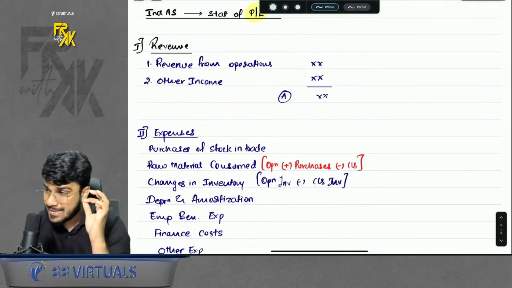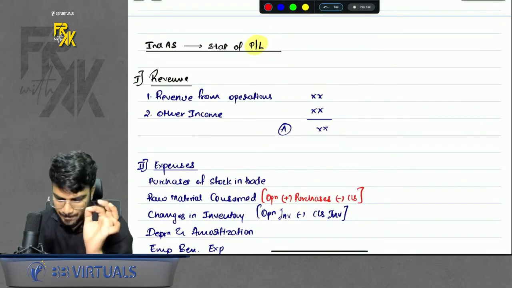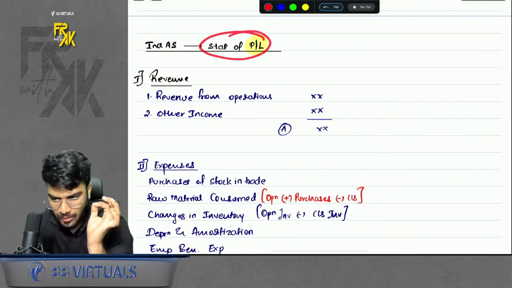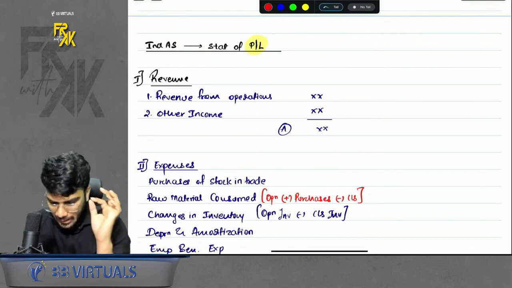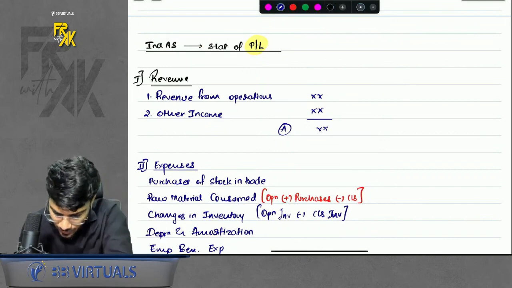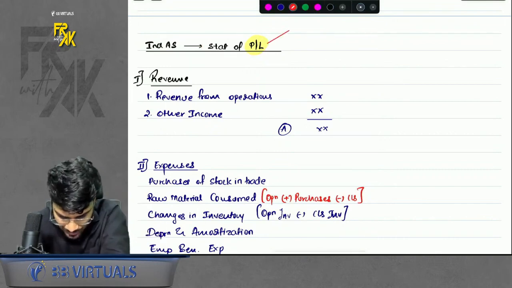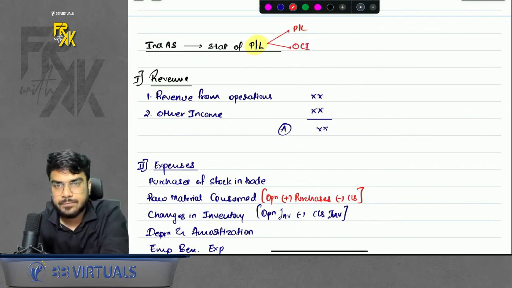please remember, please listen carefully now. To solve this issue, what IND AS did was, under the statement of profit and loss, it made 2 separate categories. One category is profit and loss itself, and it introduced another category named OCI. Now sir, what is the full form of OCI?